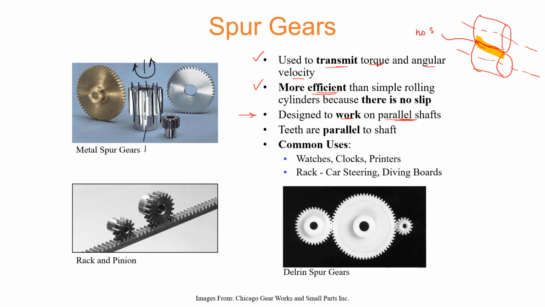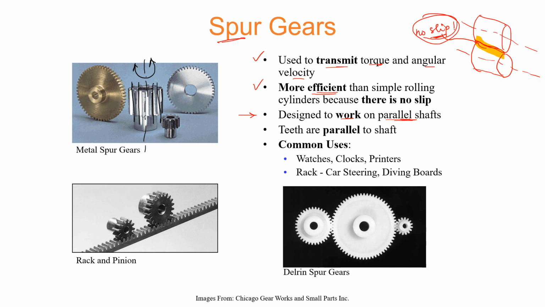The no-slip condition is required, which is not always guaranteed when you have a simple rolling operation. So it is somewhat problematic with pure rolling cylinders; you cannot really guarantee that there is not going to be any slip. Alternatively, if you use spur gears, you almost guarantee that there is not going to be any slip in this kind of arrangement. So that's the second selling point, that it is relatively much more efficient than simple rolling cylinders.